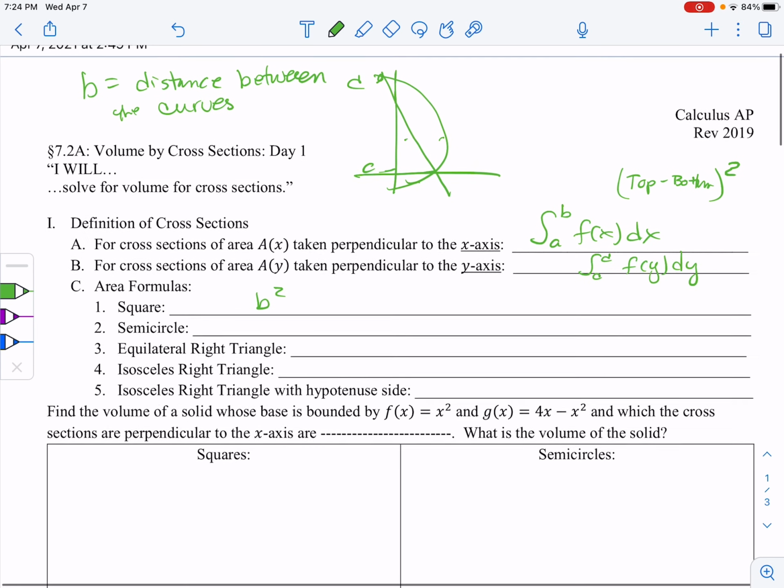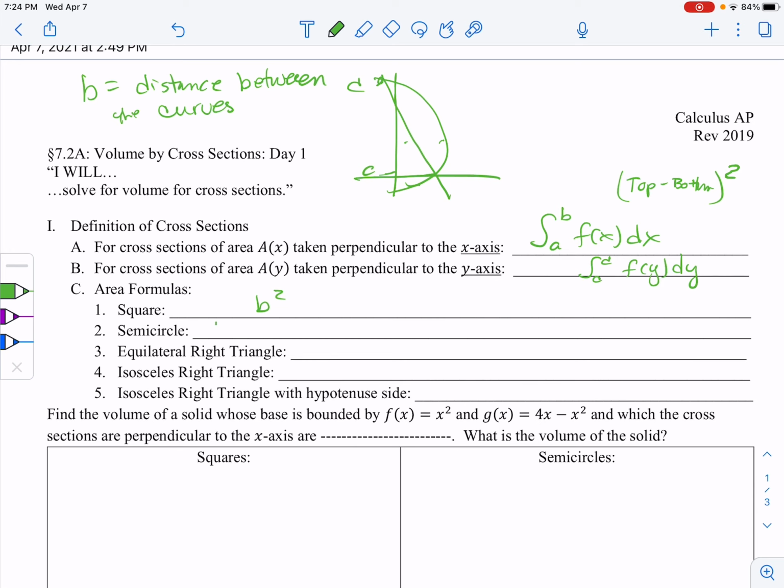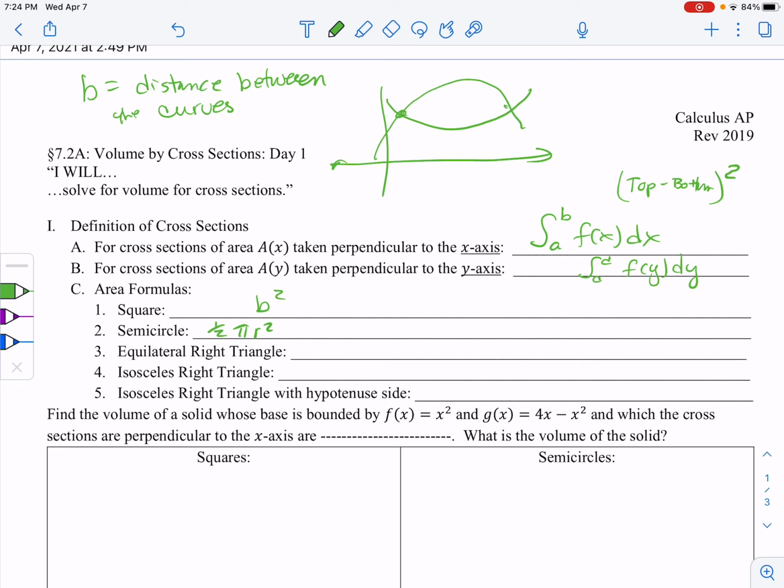Semicircle. The area formula for a semicircle is 1/2 pi r squared. I'm going to go back to x-axis because my brain works better that way, and it's a good way to learn. So here we are. There's a semicircle coming out of the paper. So this distance B is the diameter.